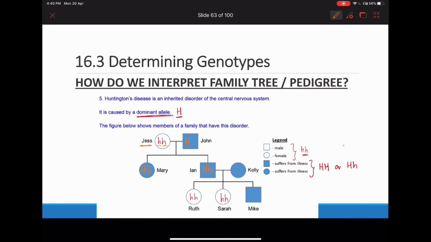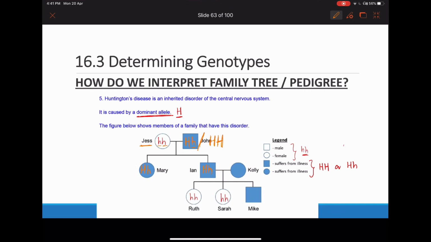You wouldn't know whether John could be big H small h or big H big H. You couldn't really tell, because it could be that, just unlucky, due to random fertilization, the sperm that has a small h allele never got to fertilize an egg. So it's always the sperm with the dominant big H allele that managed to fertilize each time they have a child. This is the reason why I say that for John, you cannot really tell whether he is fully dominant or heterozygous.